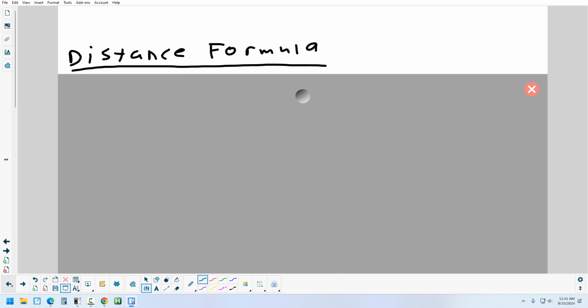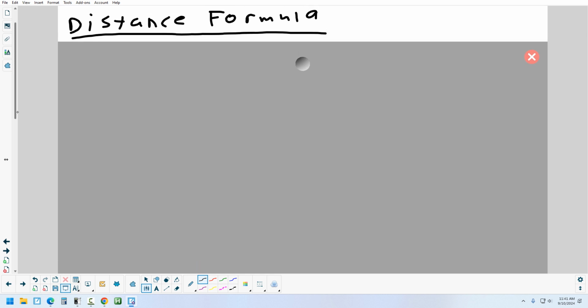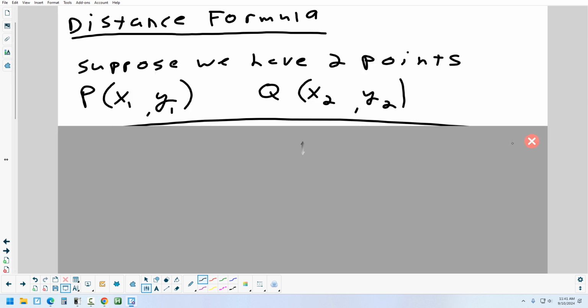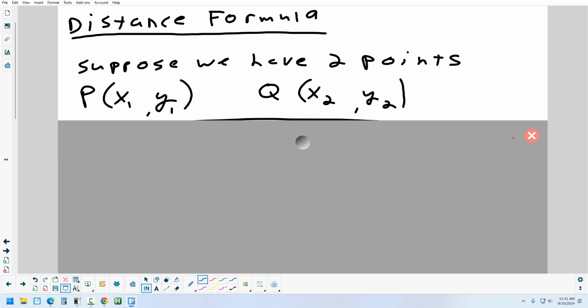Okay, last thing. So not related to the calculator is the distance and midpoint formula. So the distance formula is what you use if you have a point here and here, and you want to know how far apart they are.